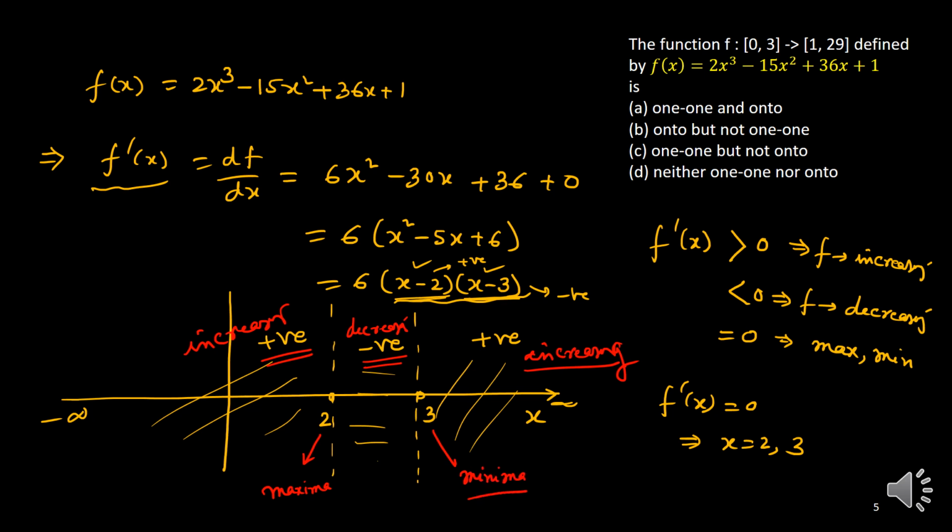These two values we can calculate: the maximum value and the minimum value, and then we can draw the total function. Now I'll draw it again neatly.